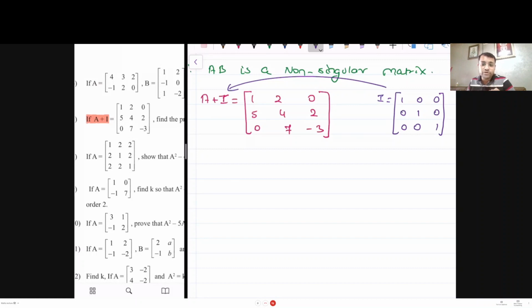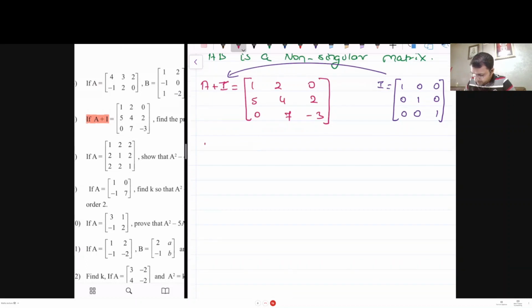So I will use this over here in order to get the value of A first. After I get the value of A, I can obviously subtract I from A so that I can get the value of A minus I. After getting A minus I, I will just multiply the matrices A plus I and A minus I. So let's do that. Come on. You can do it along with me. It's very easy actually. 1, 2, 0, 5, 4, 2.